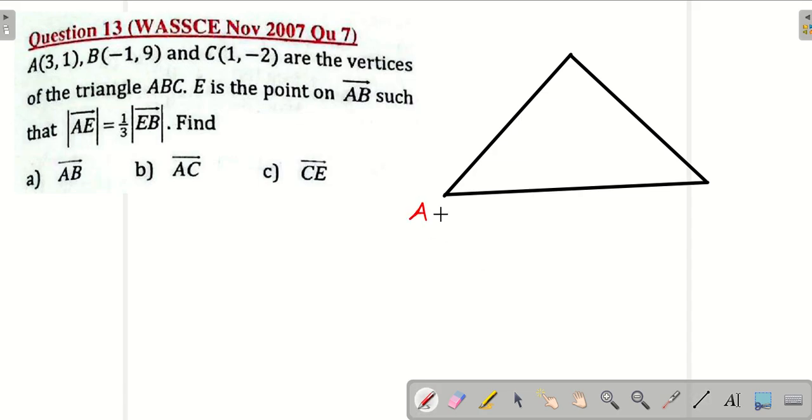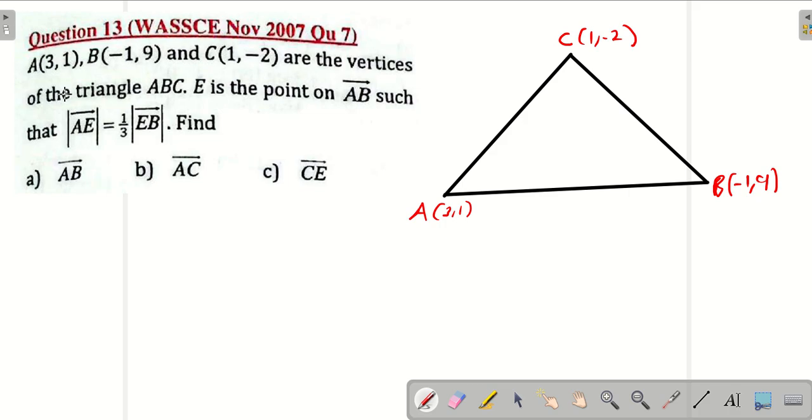So we have A (3, 1), B is (-1, 9), and C is (1, -2). They are the vertices of the triangle ABC. E is a point on AB, such that, so we are going to use this to locate the position of E on AB.